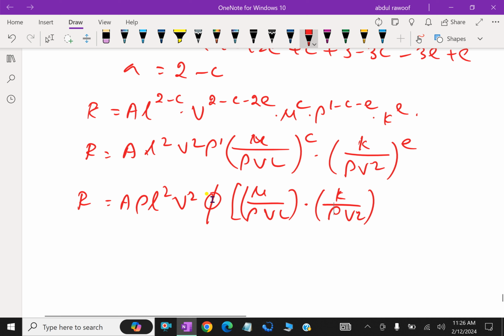The value of phi is found experimentally. So this is the functional relation for the drag force on an aircraft in flight.